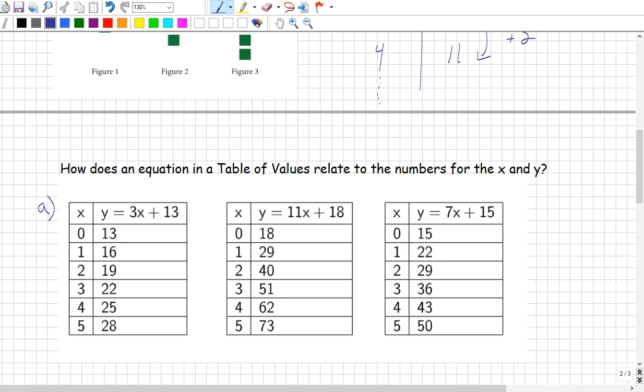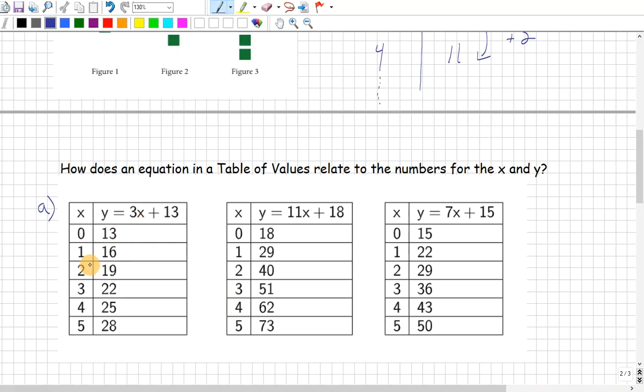The first line on each one of these has a 0 for the X. And remember from the first example, you take the value for X, you plug it in for X, and you see what you get out for Y. That's essentially what you're doing for a table of values: plugging values into an equation and seeing what you get out. So when I plug a 0 in, I get 3 times 0, which is 0, plus 13, which is 13. That's how I get that first value of 13 in the table of values.